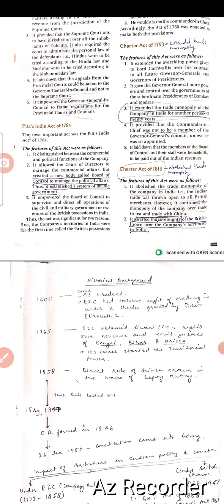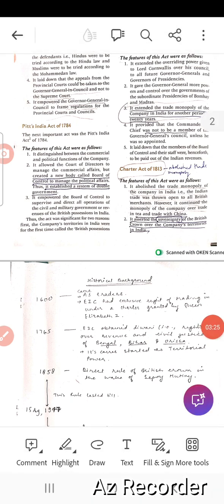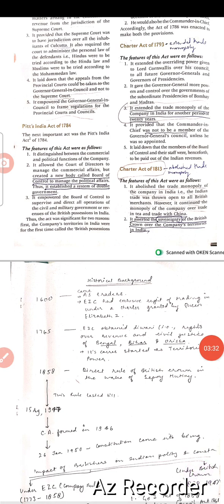Okay, it had no role to play regarding the important strategic roles, like military, civil and revenue. So we can see that the newly created body, that is the board of control, was given more power.